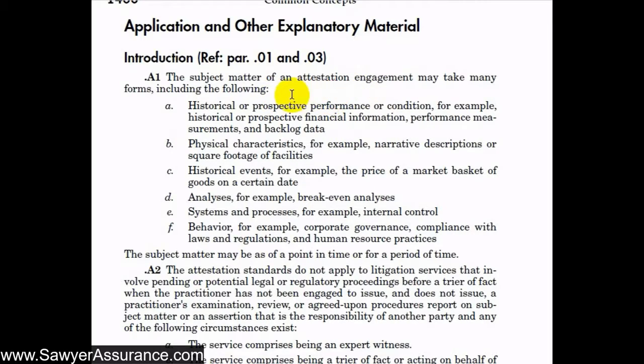And so he's our specified party, so the person who has engaged us to perform this engagement. And now he's concerned about specific subject matter at the entity that is the responsibility of management. So management may be the responsible party.